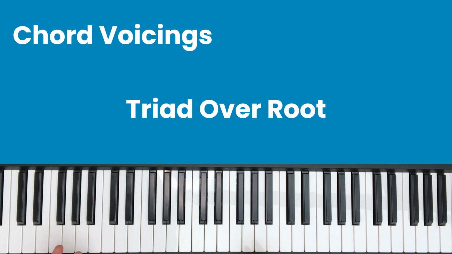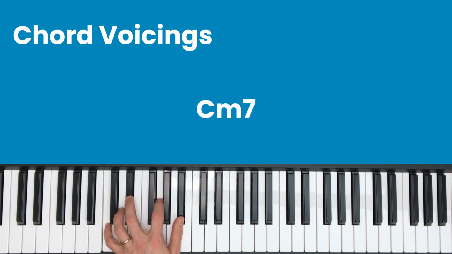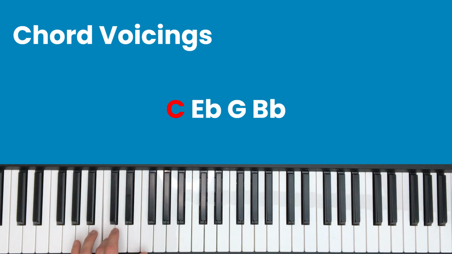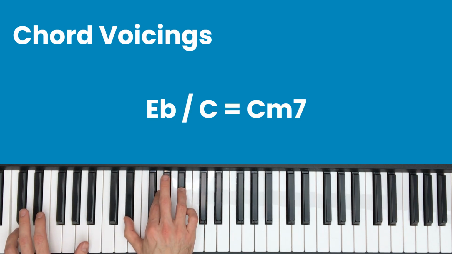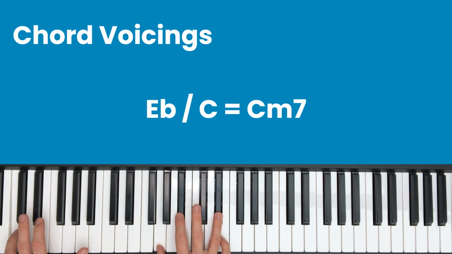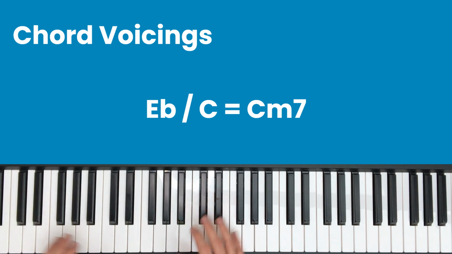So if we take C minor 7, for example, we looked at how you take the root note in the left hand and then you build a major triad from the third, and that gives us our C minor 7 chord.